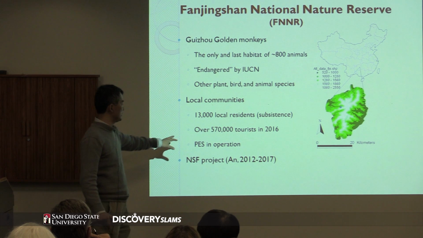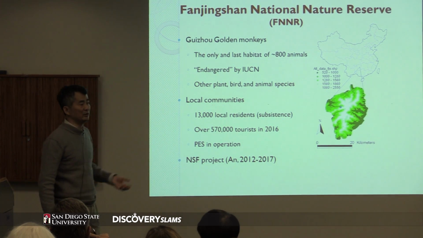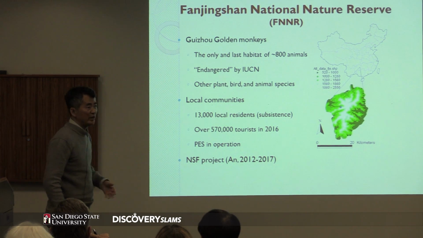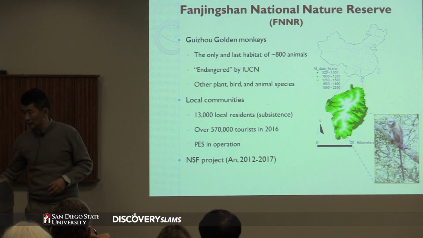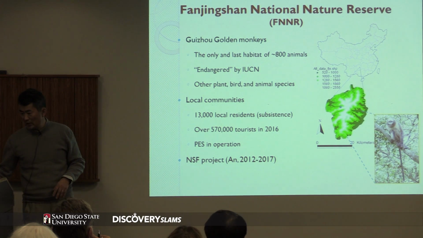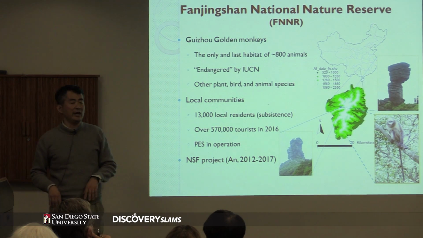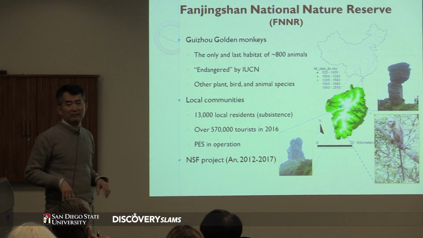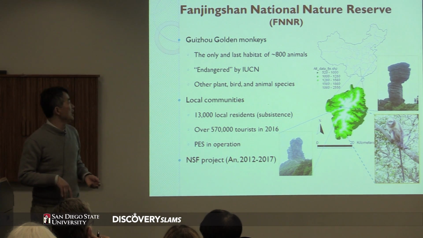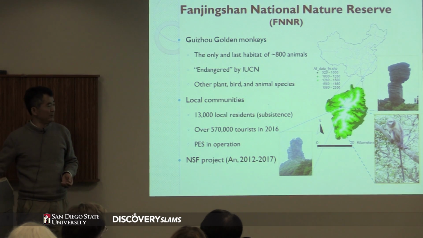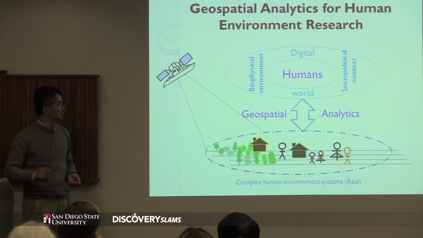So right now, this is an SLF project that I'm leading. We are coming to the end of our project. We have found something that I do want to show. This is the golden monkey. We have deployed 68 cameras to trap their activities. Right now, we are just analyzing the results. This is a project in collaboration with Rebecca Lewison from biology and also Doug Stow from the Department of Geography.